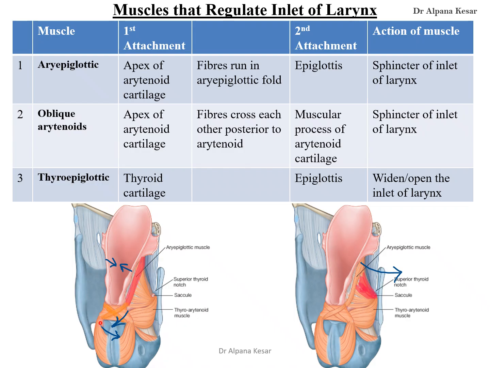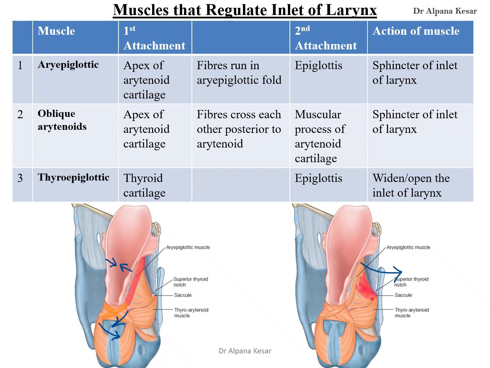The two muscles of the two sides cross each other. The oblique arytenoid along with aryepiglottic muscle, when it contracts, will close the inlet of larynx and thus acts like sphincters.